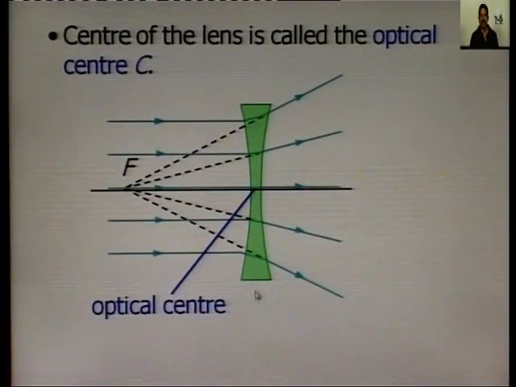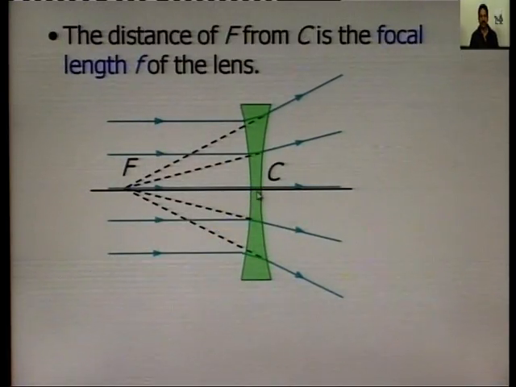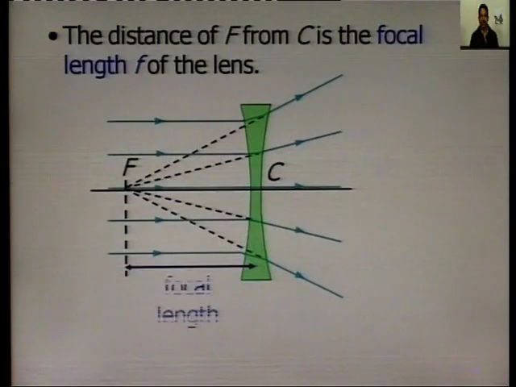Similar to the convex lens, the center of the lens is called optical center. The distance of F from C, that is the principal focus from the optical center, is called focal length of the lens.